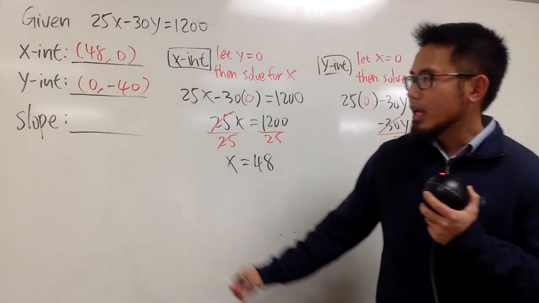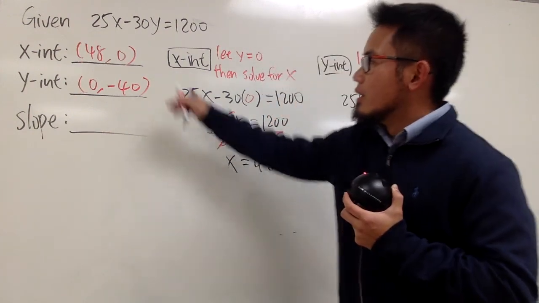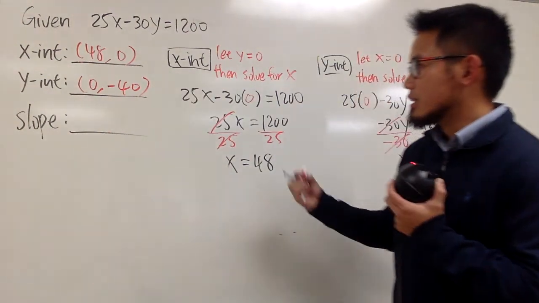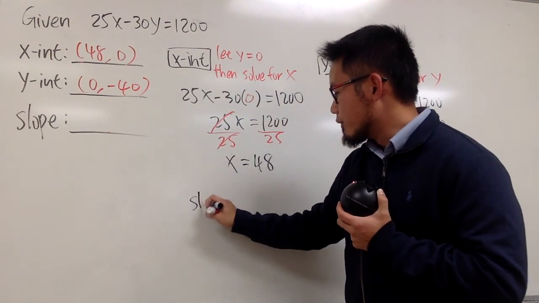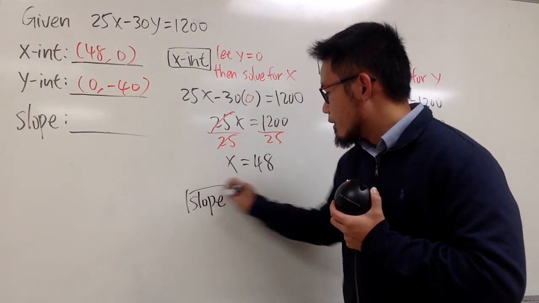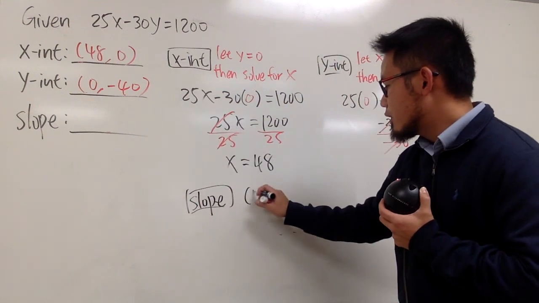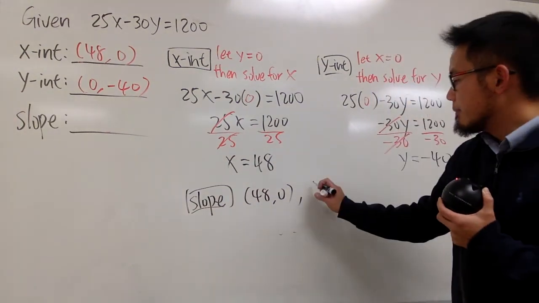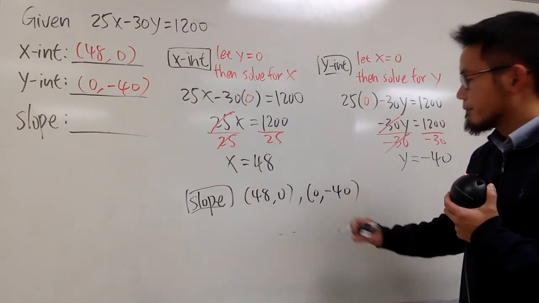And finally, we have to get the slope. And you see we have 2 points right here, so we'll use the points right here, right? And then use the slope formula. And let me write down the work right here for you guys. For the slope, we are looking at these 2 points. The first one is 48, 0, and the second one is 0, negative 40.